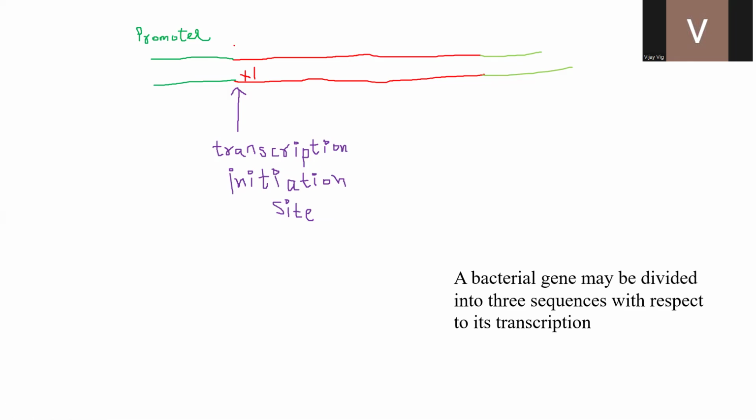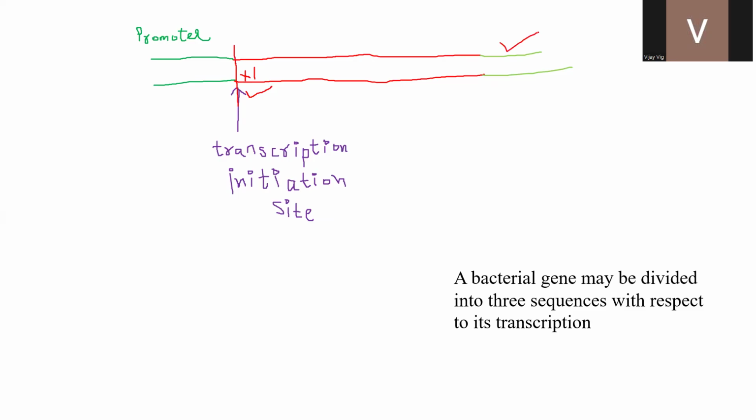This coding sequence begins from here, where the +1 is started. So +1 is the first nucleotide to be copied into mRNA, and this coding sequence becomes one part of the gene.